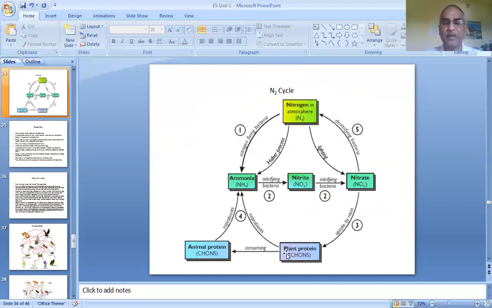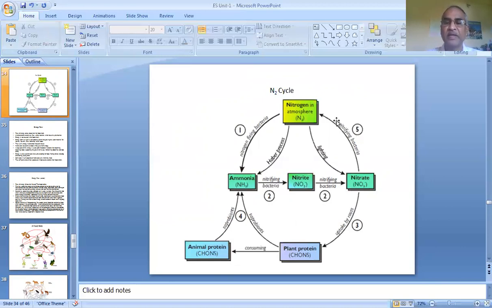And when these animals are dead, they get decomposed, and during decomposition again you get ammonia, and this ammonia undergoes the same process which took place previously, and this nitrate is now consumed by denitrifying bacteria.